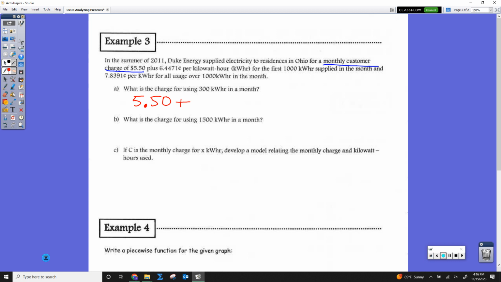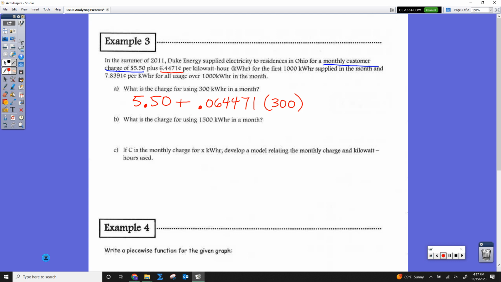Since $5.50 is in dollars, we need to convert this 6.4471 to match, so we move the decimal place over 2 times to the left, to get 0.064471. That's how much it costs per kilowatt hour, and we have 300 of those.